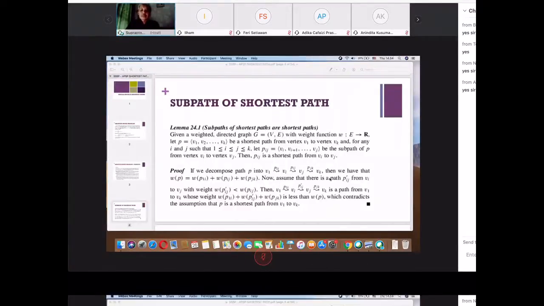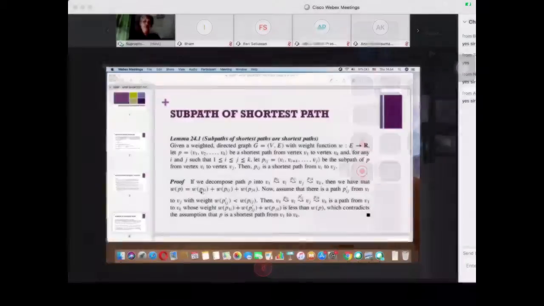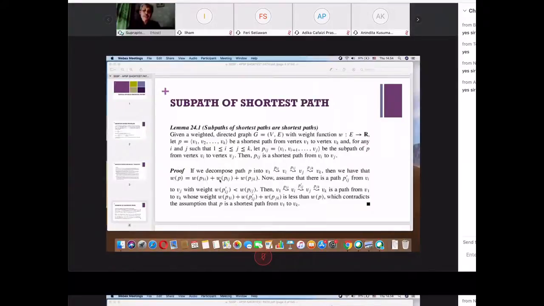Then the weight of this path will be small w of p equal to small w of p1i plus small w of p i j plus small w of p j k, right? The weight of the first subpath plus the weight of the second subpath plus the weight of the third subpath. So this is the weight of path p, because we decompose path p into 3 paths.